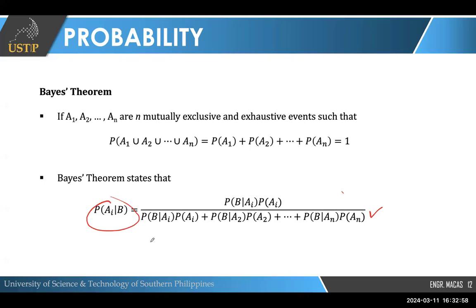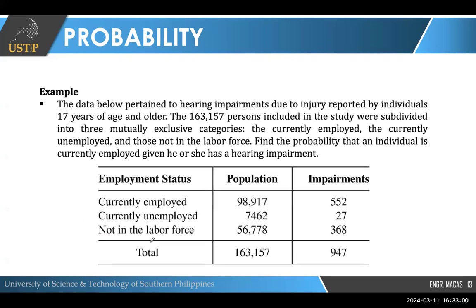Okay. Suppose we have this table. The data below pertain to hearing impairments due to injury reported by individuals 17 years of age and older. So our data here is for ages 17 and up, okay? The total number of persons in this study is 163,157.